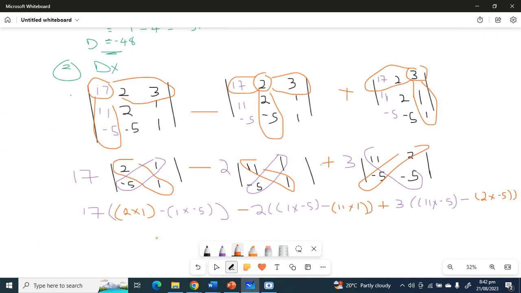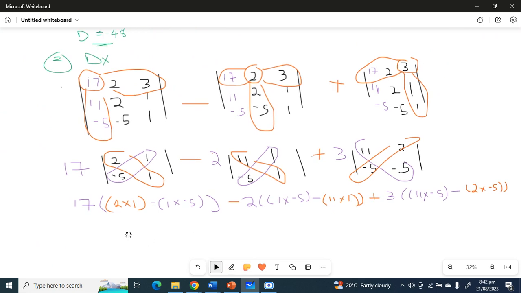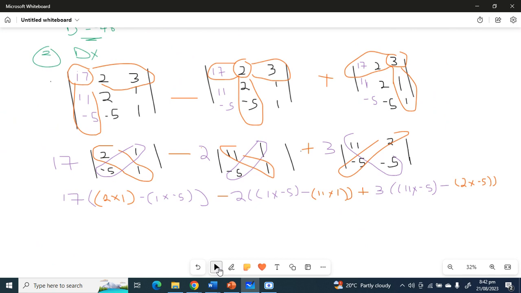Yes. So this is the part you must be careful, because sometimes you might forget some signs. So we're going to start here. We're going to say 2 times 1, that is 2, minus 1 times negative 5, that is negative 5.